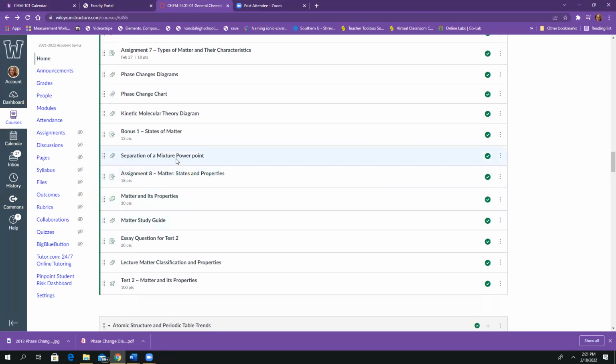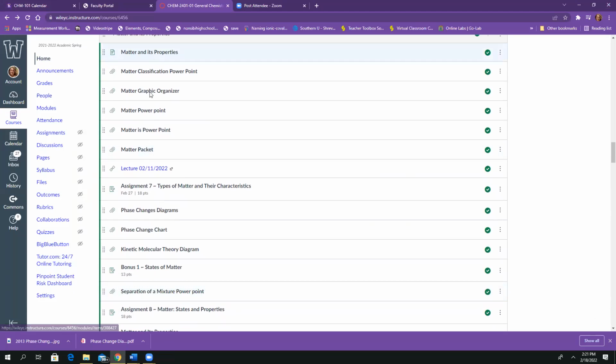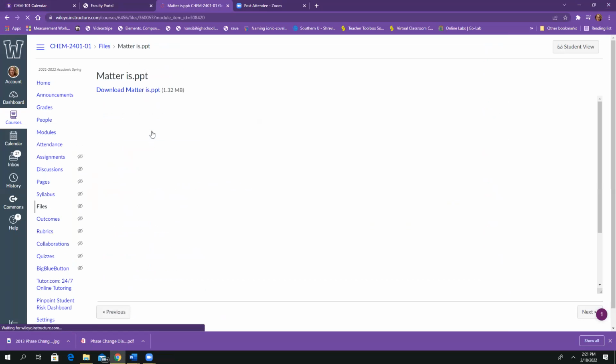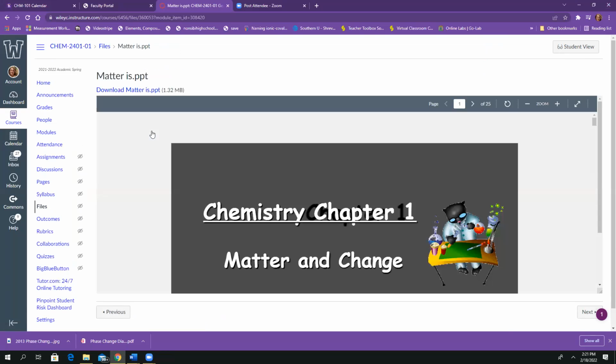How to separate the mixtures, yes. Because that's one of the things. Okay, this is the one that I like right now. I have to check because I give you 3 different PowerPoints, but yeah, this is the one.